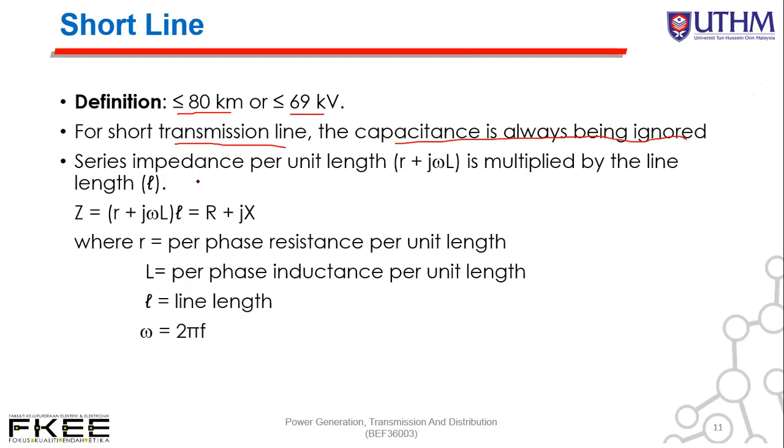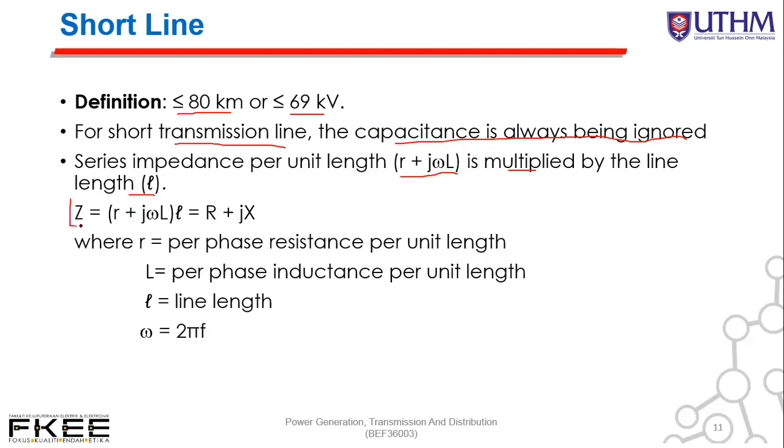We can calculate the series impedance per unit length, that is R plus j omega L, multiplied by the line length. So if the length is 80 km, we can get the series impedance from R plus j omega L times the length l.